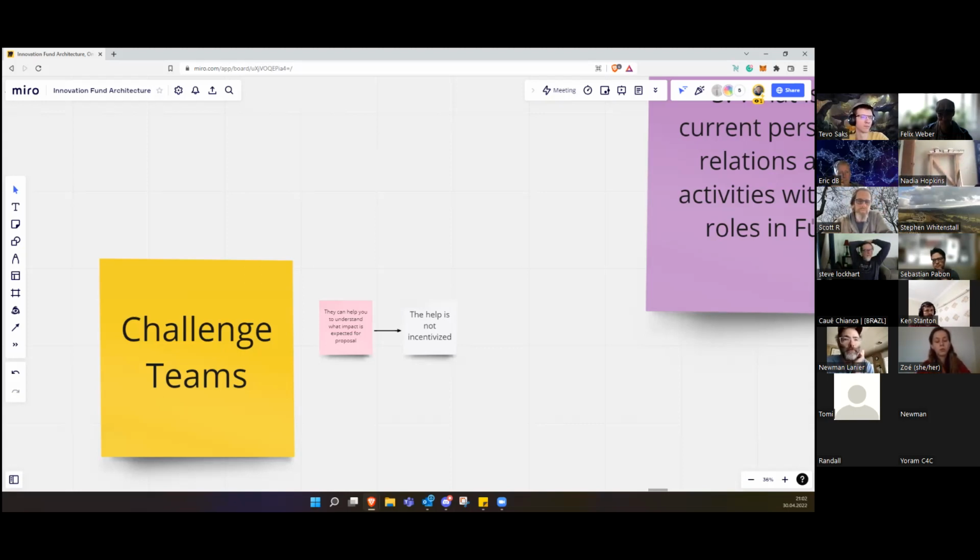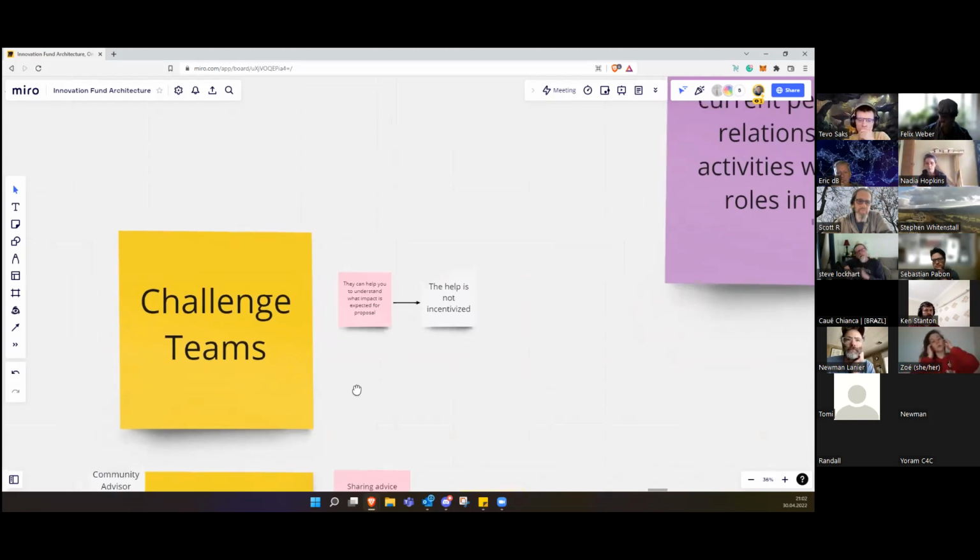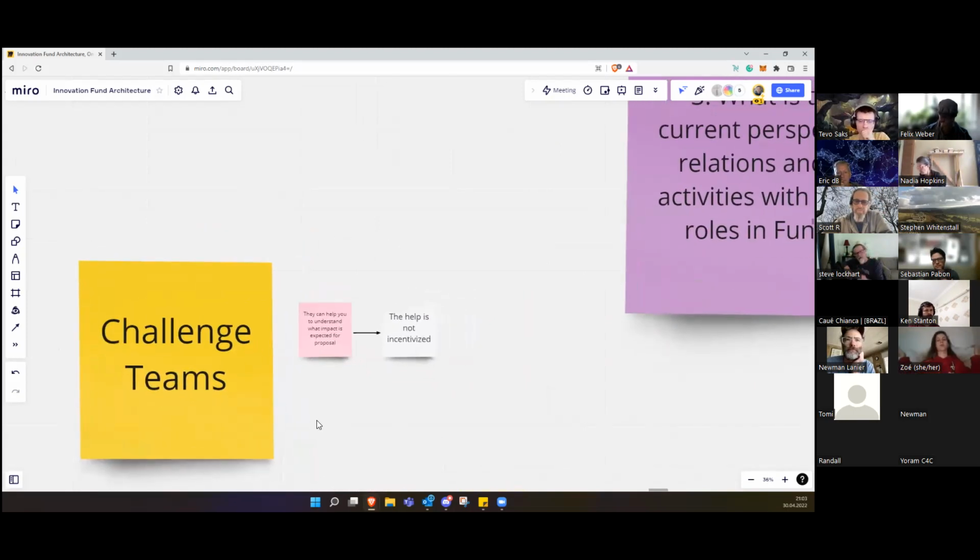Just to give my perspective as a new challenge team member. Well, I think the miscellaneous challenge is very valuable, but for the challenge team it is very hard, right? Because you have no idea what's coming at you. I'm in the Fund 7 MISC challenge, so I know what you're talking about.